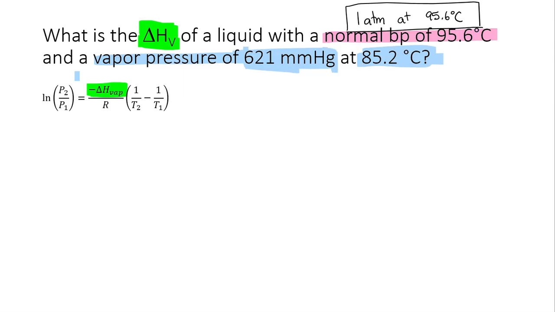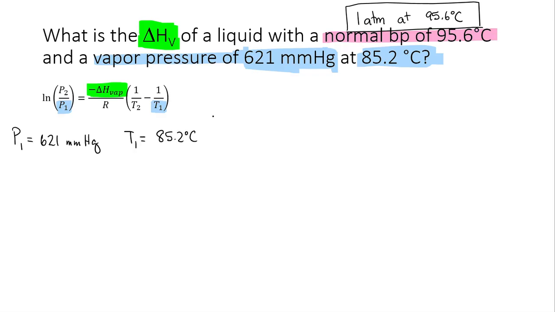So again, that goes together. And again, it doesn't matter. I can put blue at the bottom as long as the vapor pressure is at that particular temperature. So I'm going to want this 621 millimeters of mercury. Just give me a second on that, all right? I'm going to label that as P1 is 621 millimeters of mercury at T1 of 85.2 degrees Celsius.